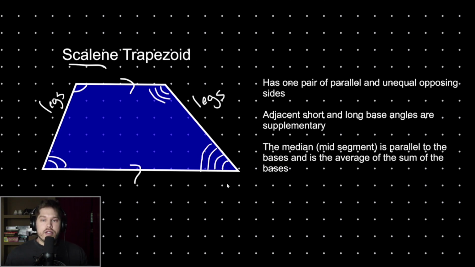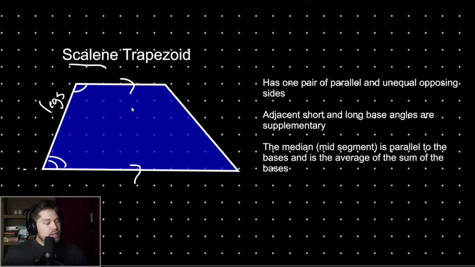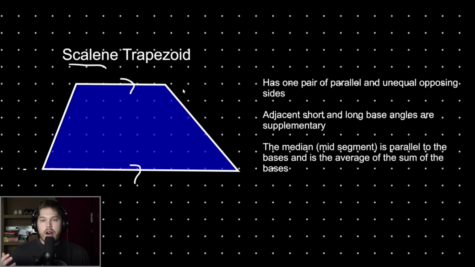Remember that supplementary just means that the angles sum to 180 degrees. Okay? And the reason why the adjacent angles are supplementary is because of our pair of parallel lines.